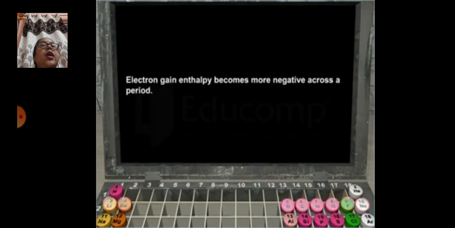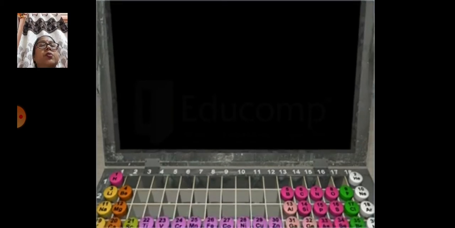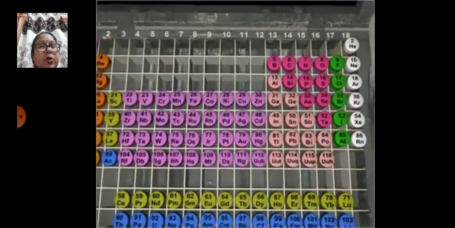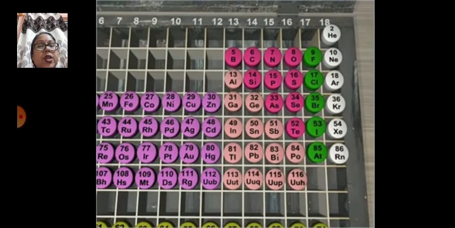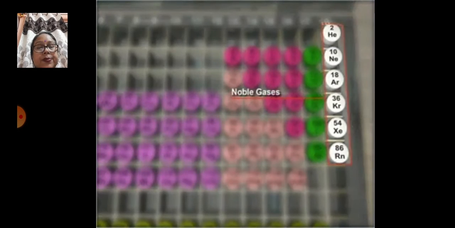So electron gain enthalpy becomes more negative across a period with increase in atomic number. This is because the attraction for the added electron increases across a period.